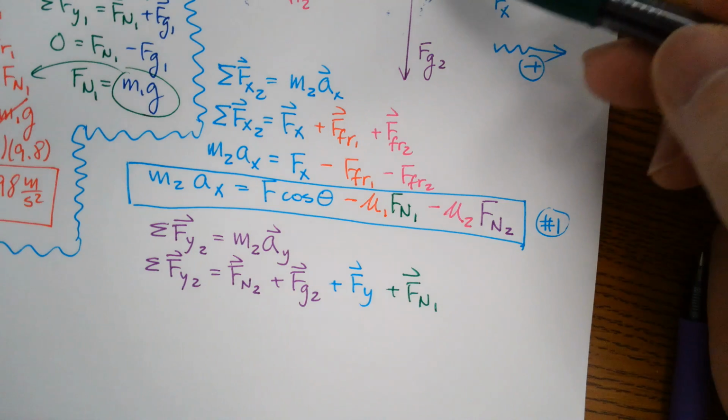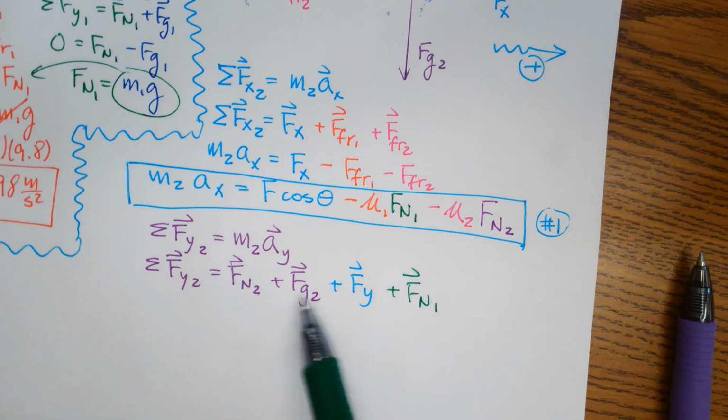So here, 1, 2, 3, 4. So I've got 4 vertical forces.